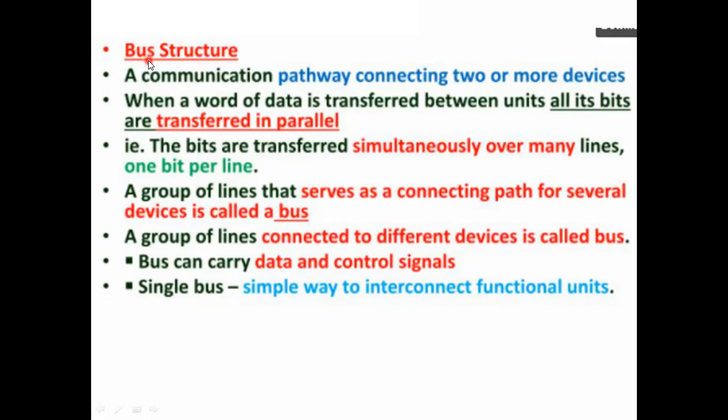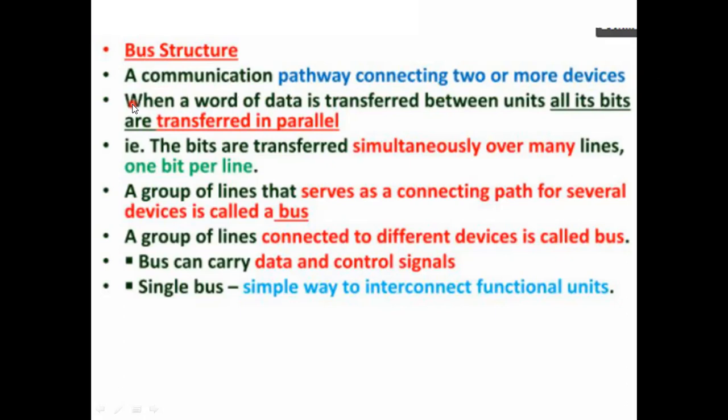That means we need data transfer between the two devices. That's why this bus creates a communication path between the two devices. Bus structure means a communication pathway connecting two or more devices.